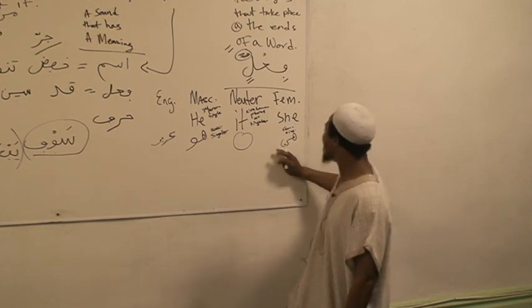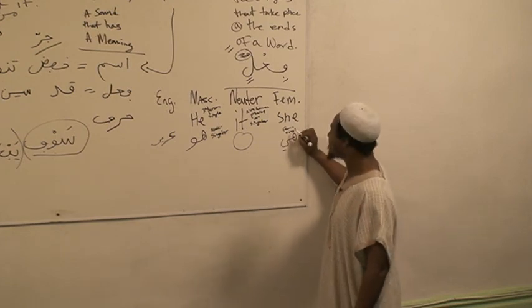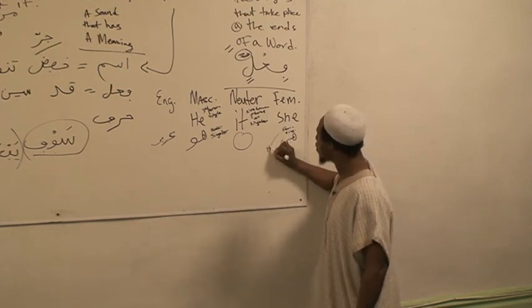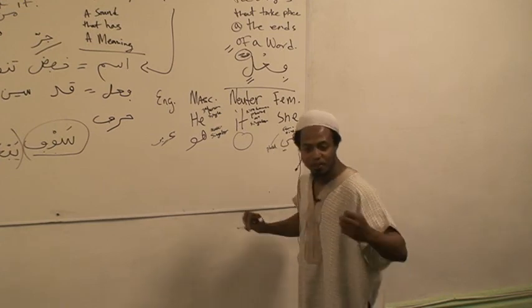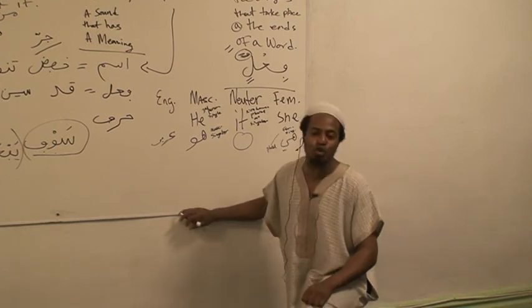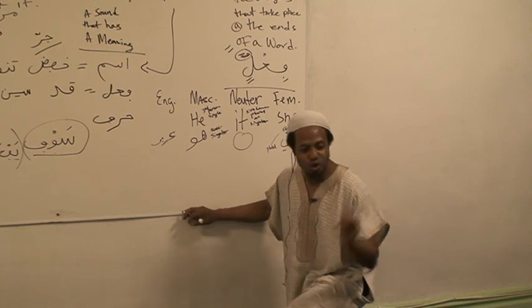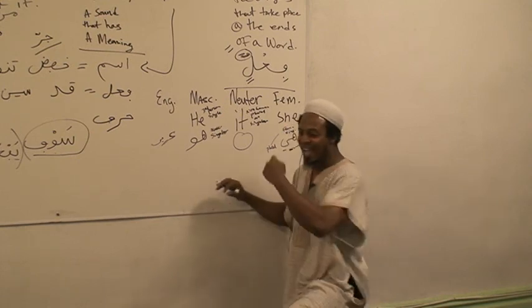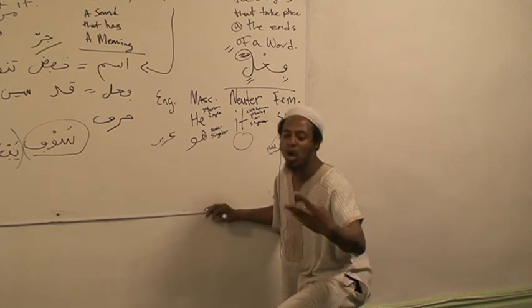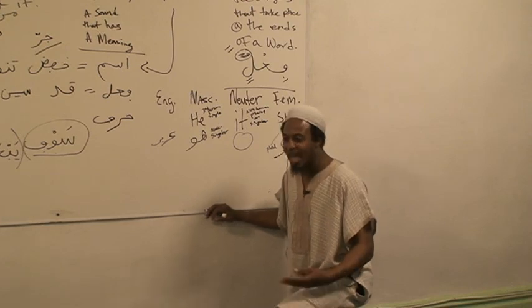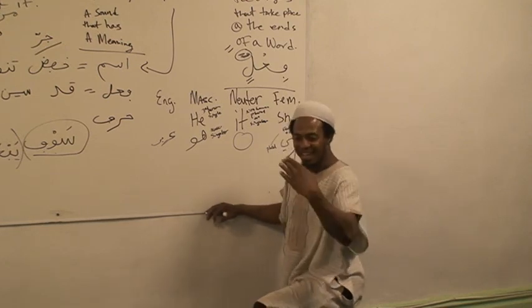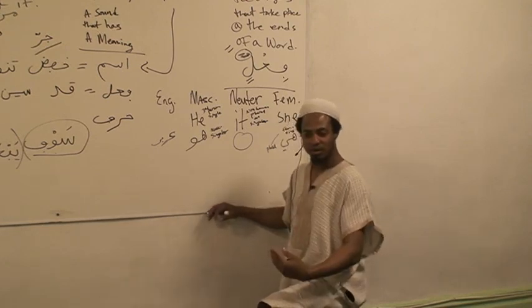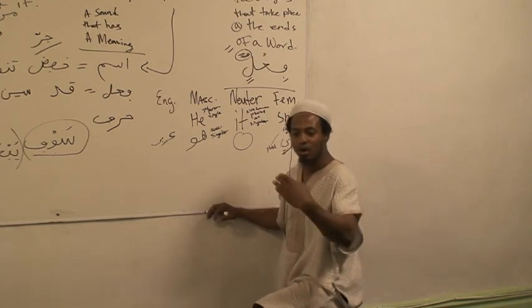Now, when it's referencing non-humans, in the Arabic, it still means feminine in gender, but plural. Don't you see in your Medina books, hiya kutubun. She is, or it is, or they are books. Right? And then they say, huwa al-kitab. It is the book.